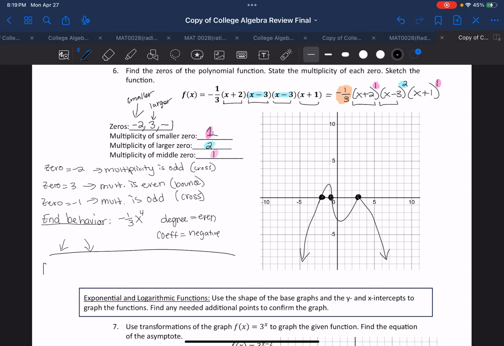But let's just see what f of 0 would be. This would be -1/3 times 2 times -3 times -3 times 1. Because if I plug 0 in for all those x's, the x's would just go away, and all of this would become multiplied by each other. And that will leave me with -6.